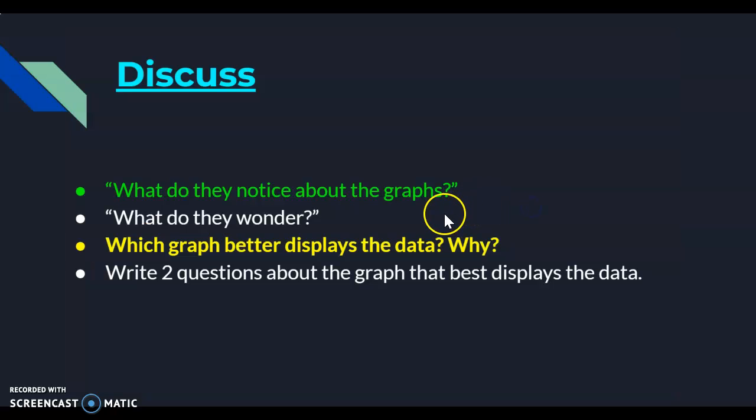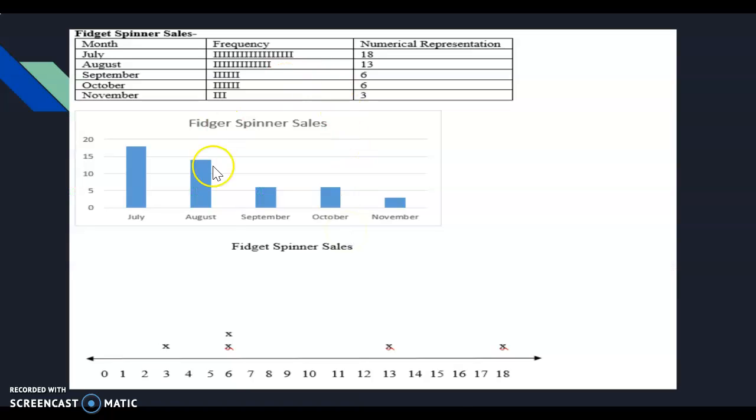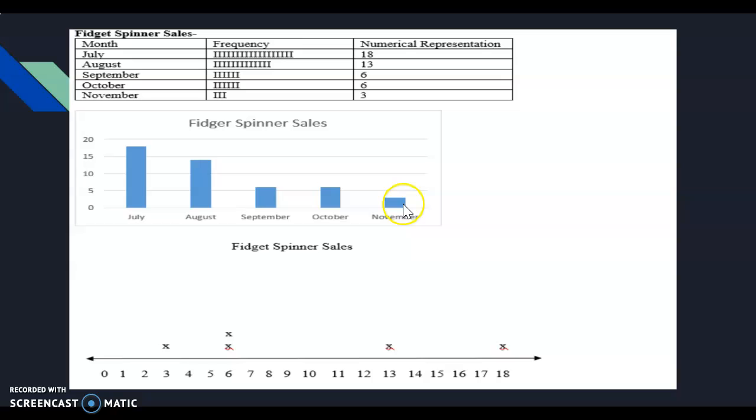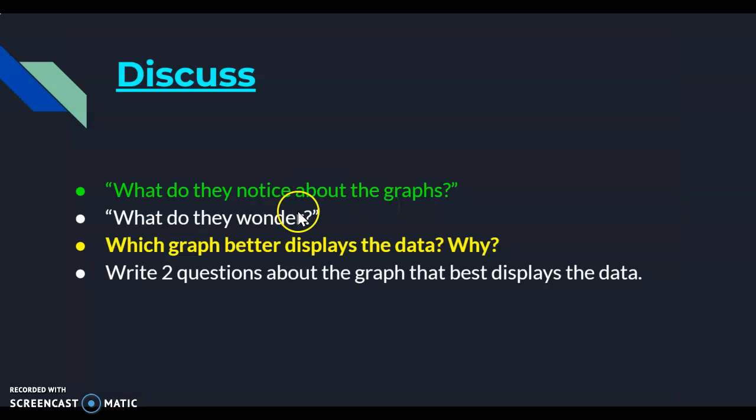On my next slide, these questions are related to the previous slide. These are some things I want you to think about and write the answers in your notebook. What do you notice about the graphs? If you need to flip from one slide to the other, I want you to do that.